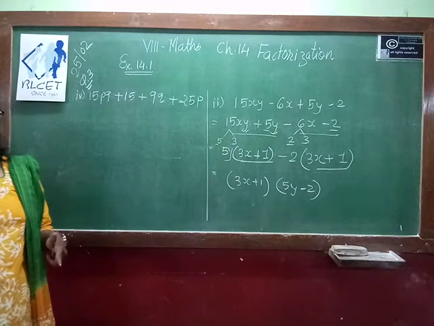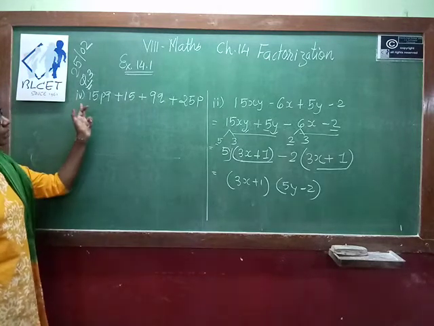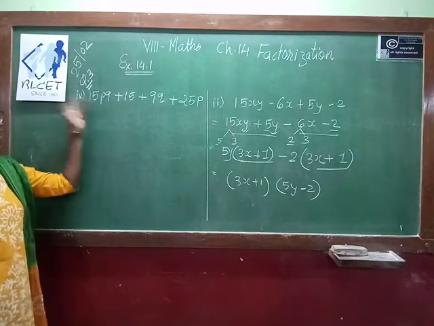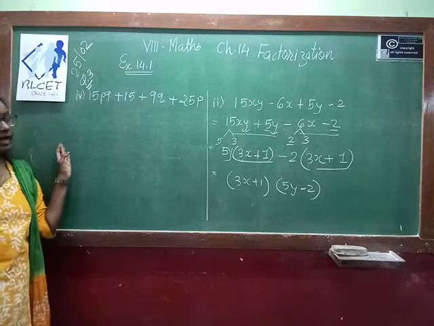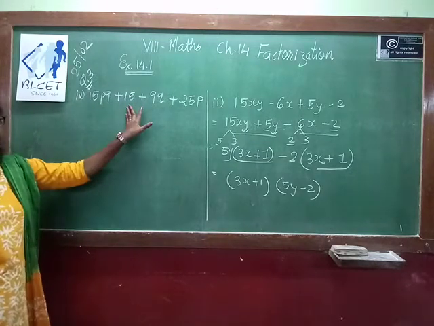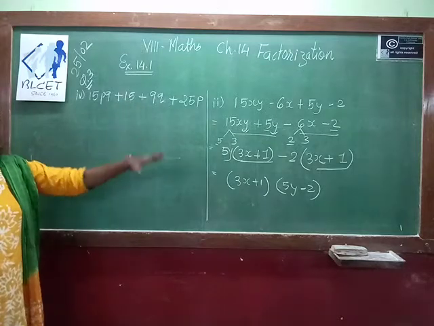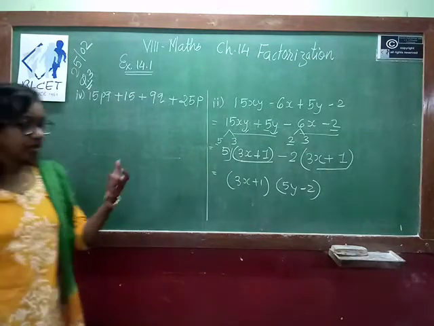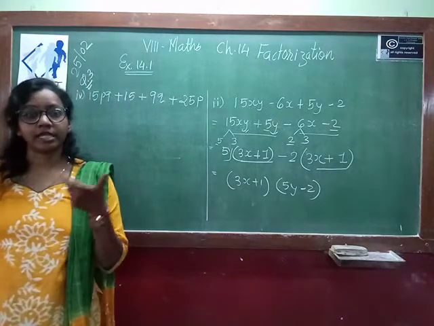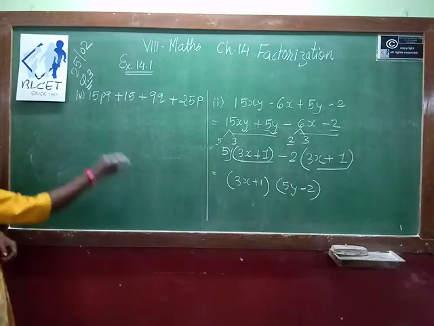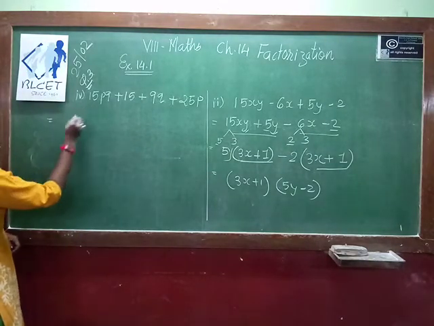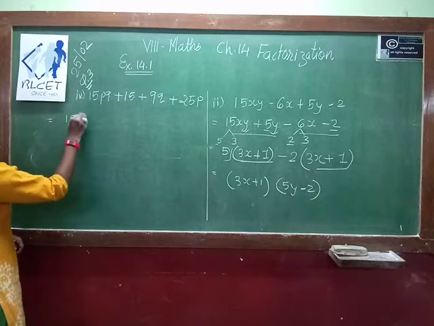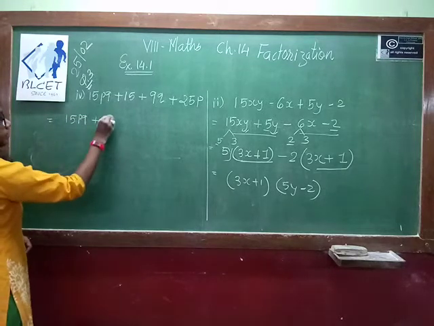So at that time, what we have to do, we cannot take whole 15 out of the bracket, so we cannot make the group of these two. No. Then we have to rearrange the groups in such a way that from both the groups you are taking some common factors. So just regroup it. So 15PQ, this we can write with 9Q.